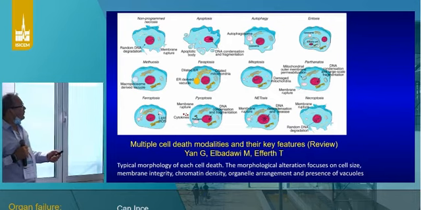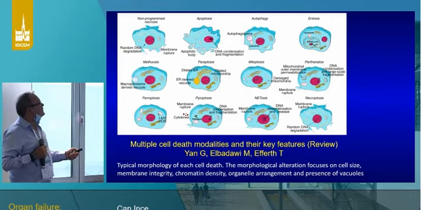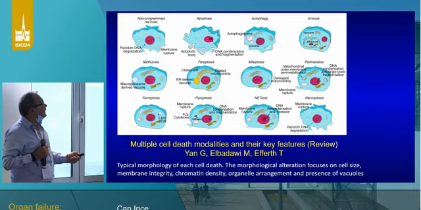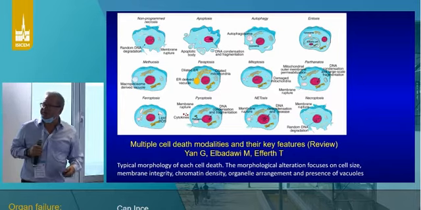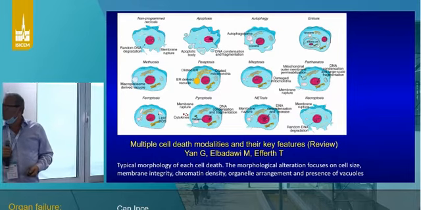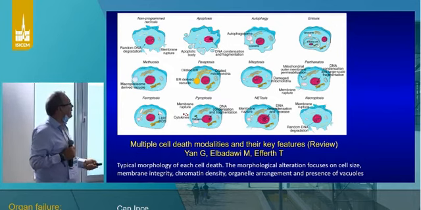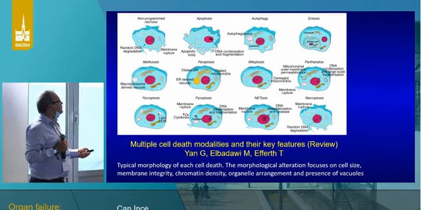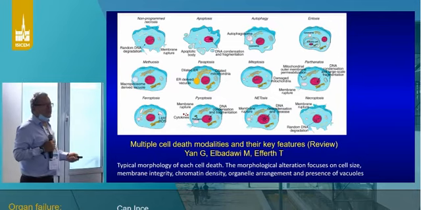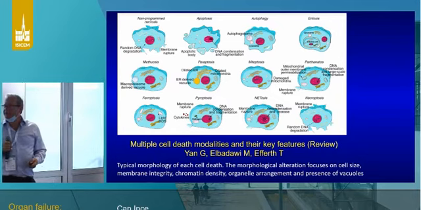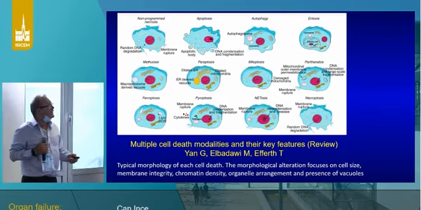So if we now look at all these different types of cell deaths, they can basically all be categorized into different types of morphological features. So these are usually microscopic anatomical issues. So here we've got membrane rupture, blebs, for example, formation in the phospholipid membranes.